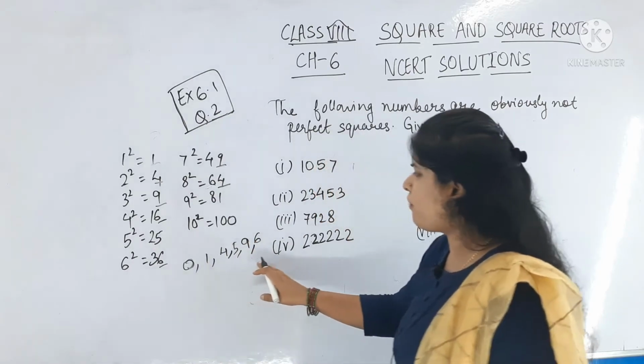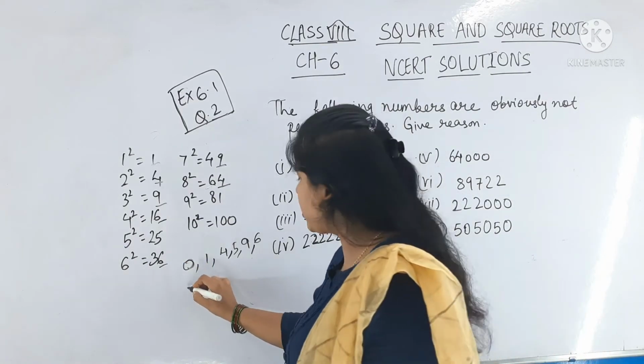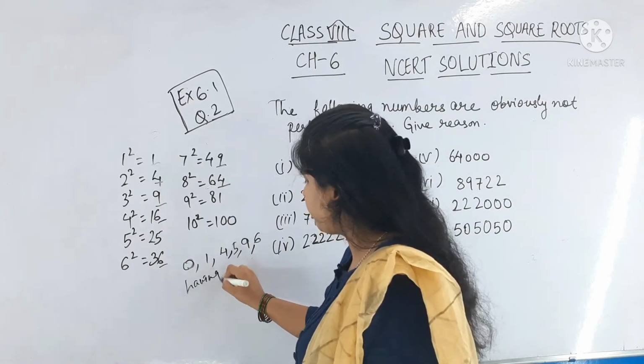Okay, 0, 1, 4, 5, 6, 9. These are the last digits that a perfect square can have.